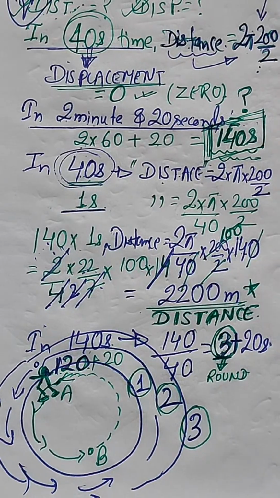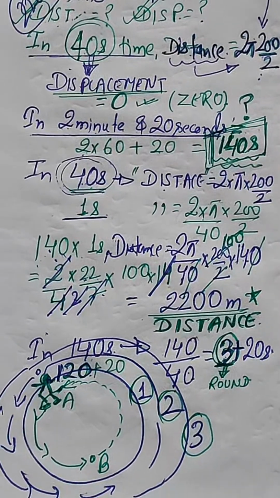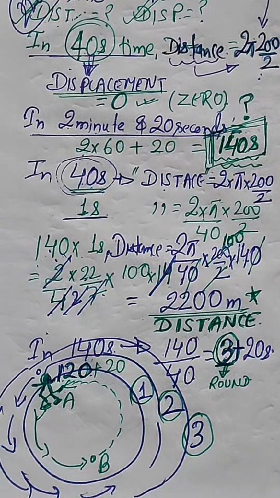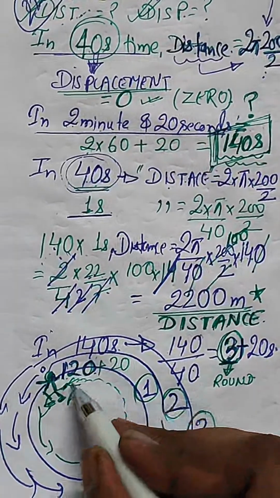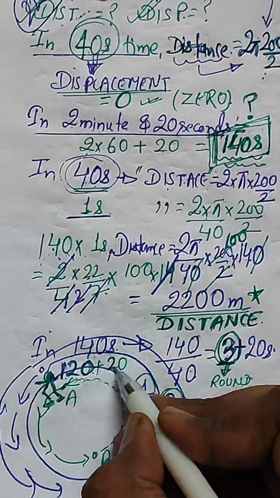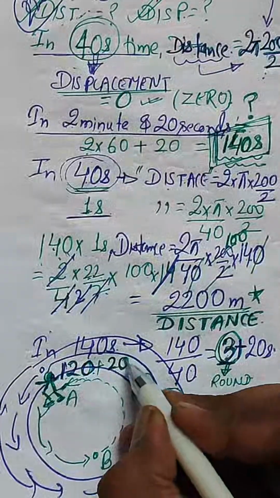What we can see is that if 3 rounds are completed in 120 seconds, then 20 seconds is left. So this 20 seconds is left, right?